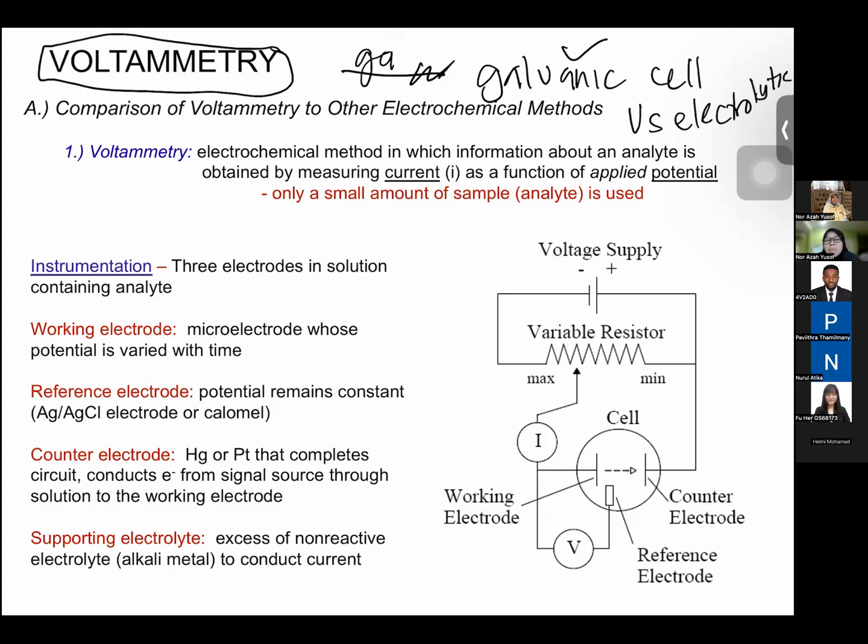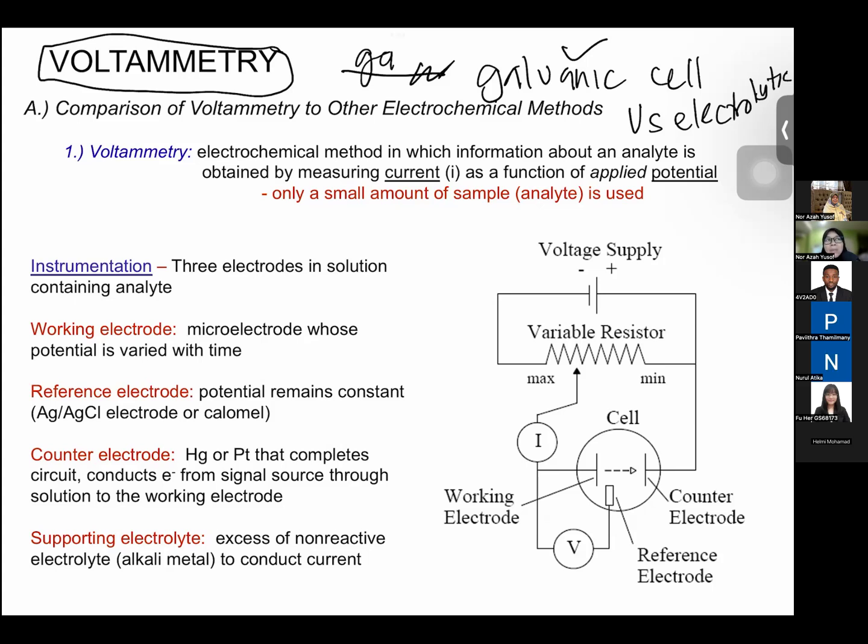Of course, it requires minimum electricity for you to read on the display. I'm sure all of us are very familiar with the pH electrode. You just dip it and you get the pH reading. The pH reading is actually based on the potential reading.